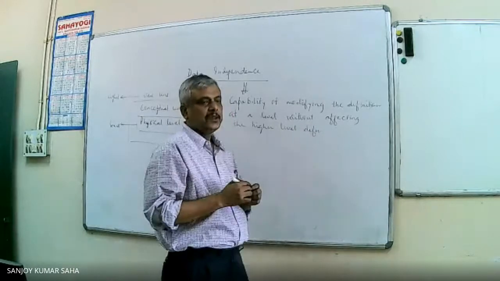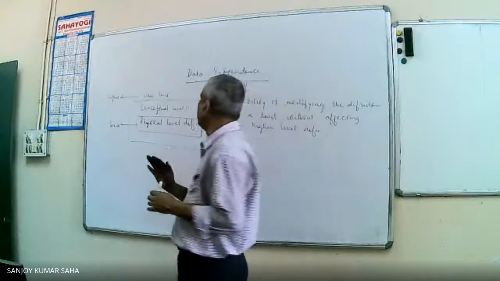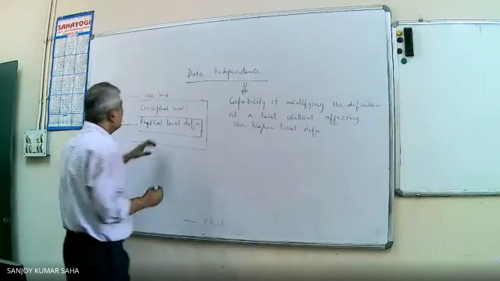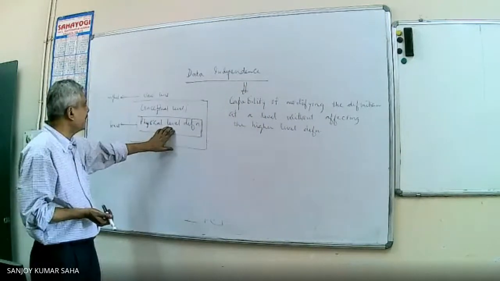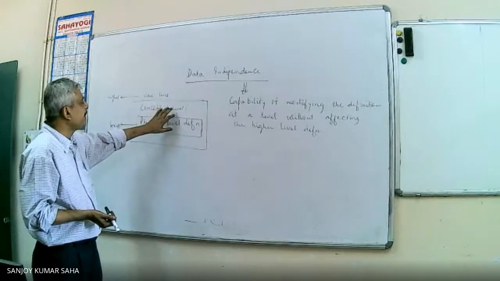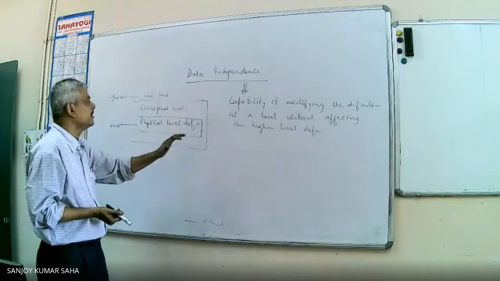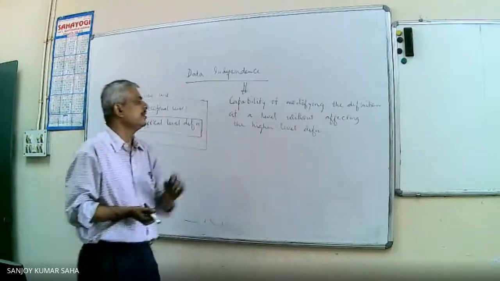This is the basic meaning of data independence. That means if I change at this particular level, it will not have any impact on this. If we exclude this, what does it mean? That without affecting the higher level definition.